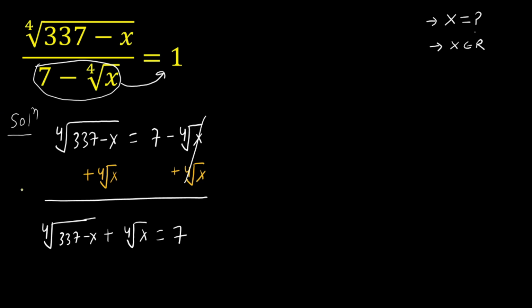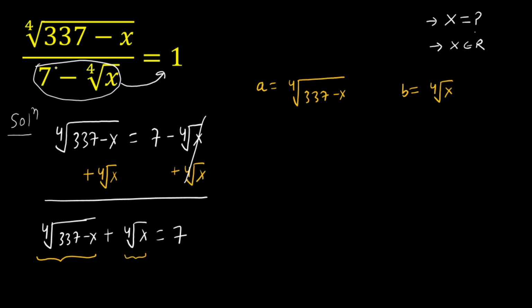Now we will apply the substitution method. If we substitute fourth root of 337 minus x as a and fourth root of x as b, then a equals fourth root of 337 minus x and b equals fourth root of x.